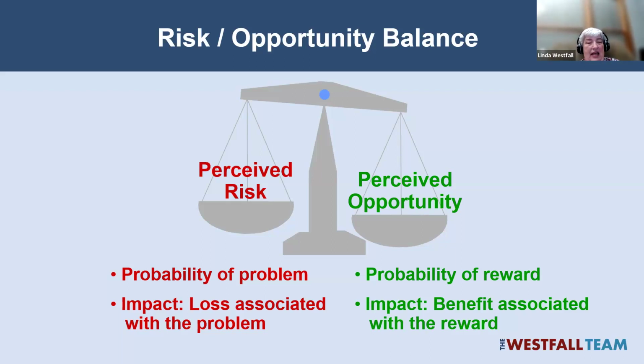We want to balance that against the perceived opportunity. We shouldn't take a risk if we don't have an equivalent gain or opportunity. So we're looking at the probability of the reward and the impact, i.e. the benefit associated with that reward.